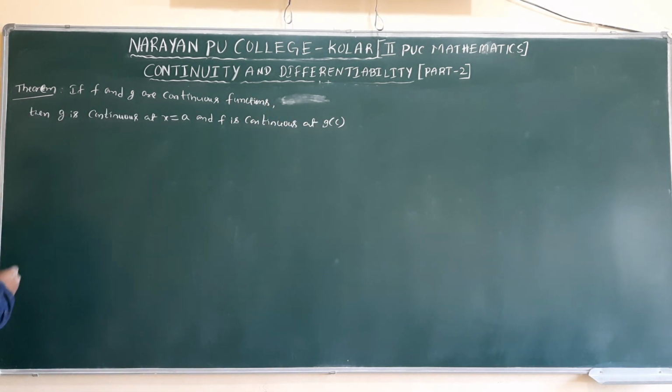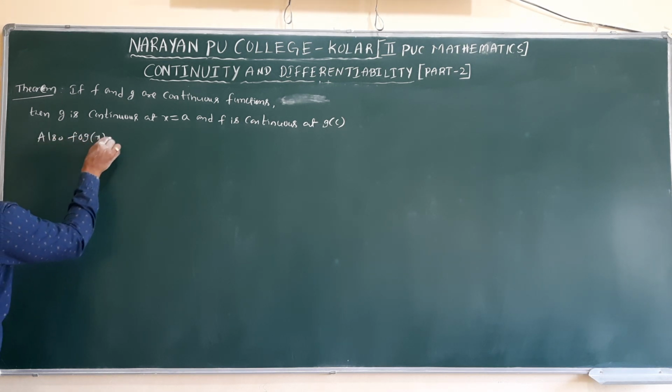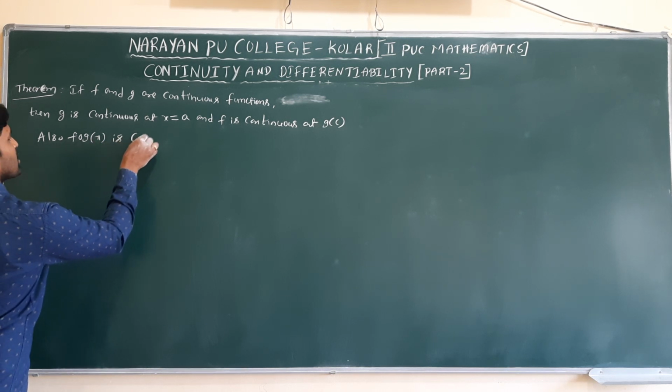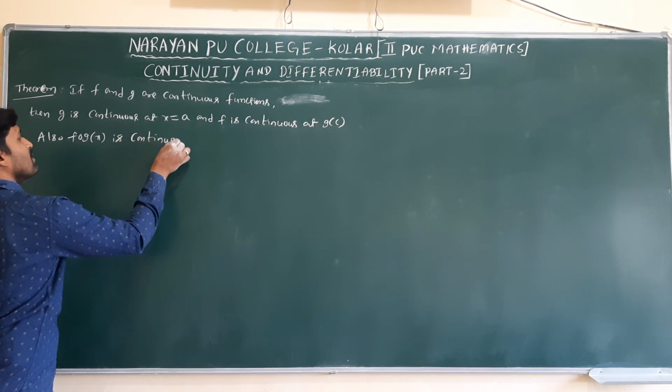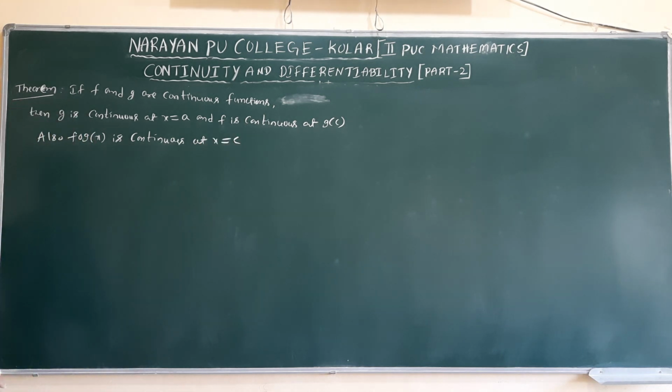Finally, f circle g of x is continuous at c. This is the composition concept.